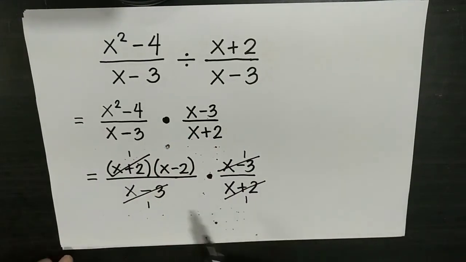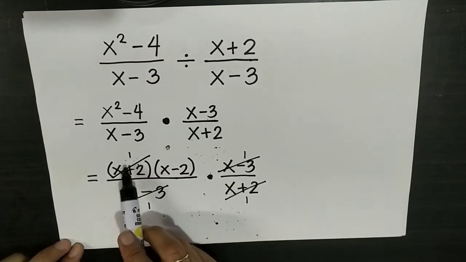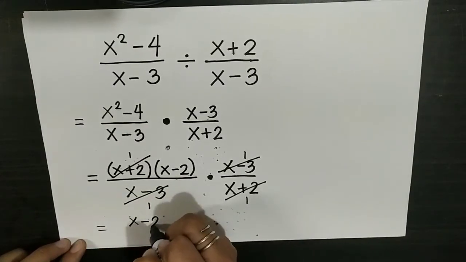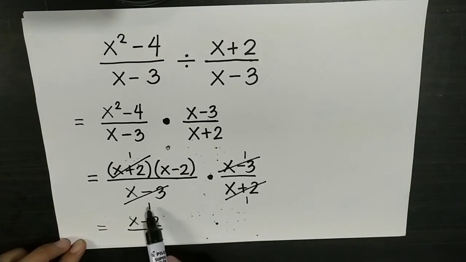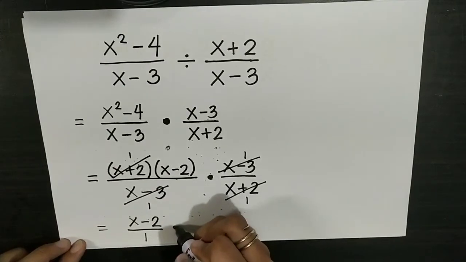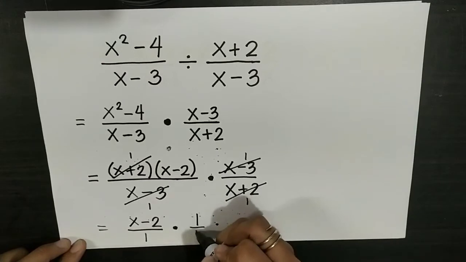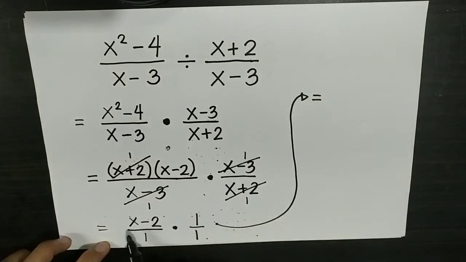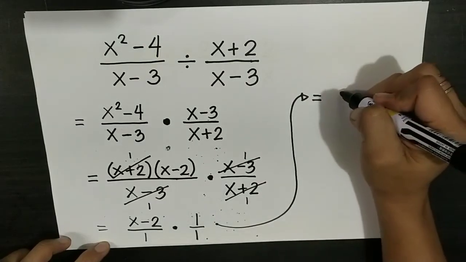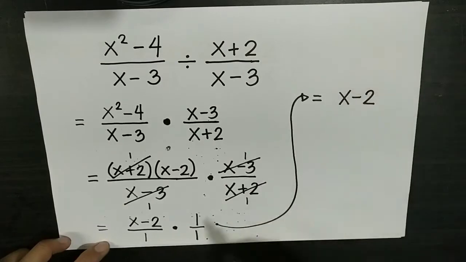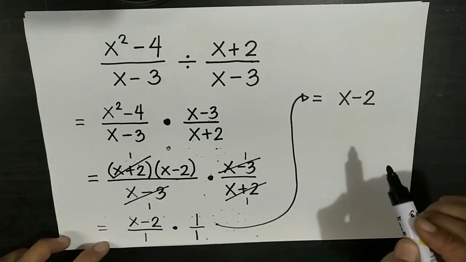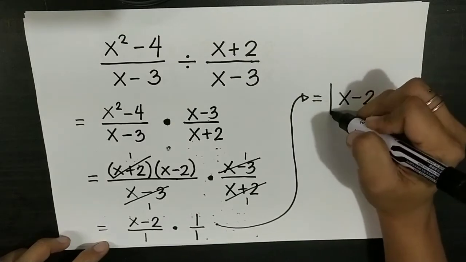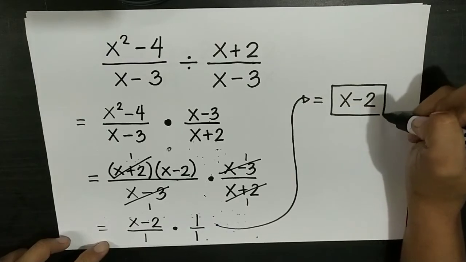Okay, so we have 1 times x minus 2 is x minus 2 over 1 times 1 over 1. Let's continue here. X minus 2 times 1 is x minus 2. 1 times 1 is over 1, or simply we will not write 1 in the denominator. It's understood that x minus 2 is our answer.